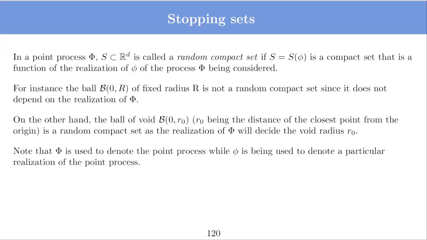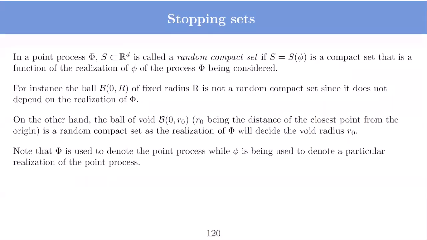It means that for different realizations you may get different S. And this S is a compact set that is a function of the realization of phi. So S of phi is a compact set always for any realization, and it's a random compact set if this value changes as a function of the realization.